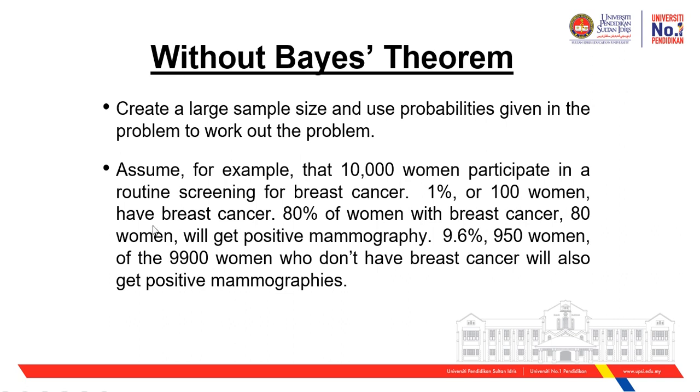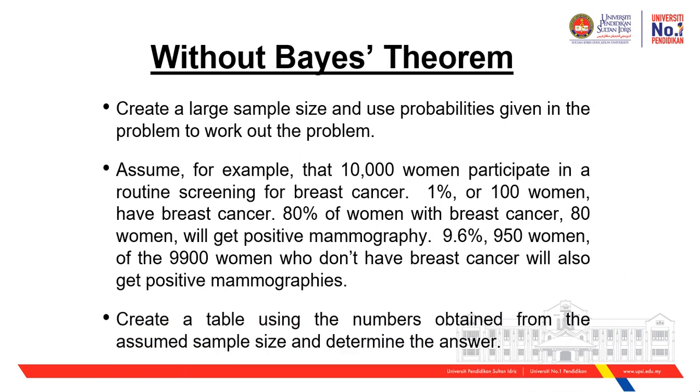So this is the situation when you solve it without Bayes theorem: we need to let the number of women be 10,000. Then, to understand this data better, we may tabulate it in order to find the answer. This demonstration is just to show you the steps to solve it if you don't know Bayes theorem.